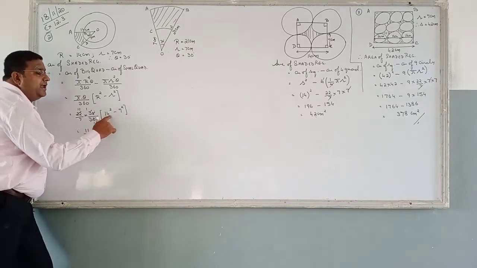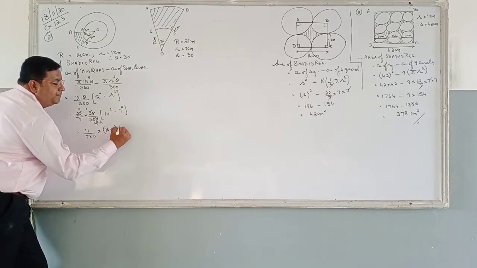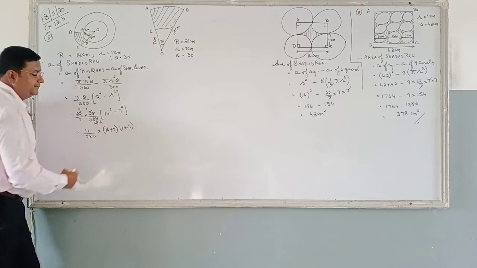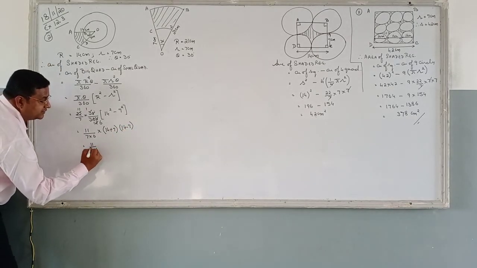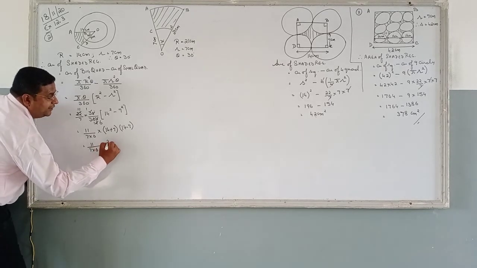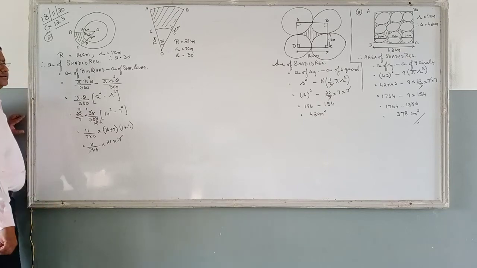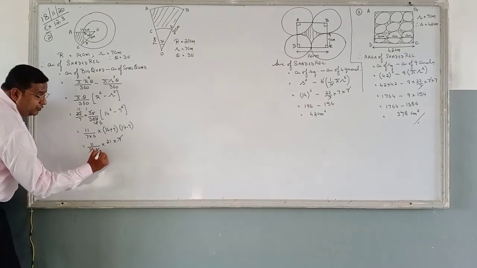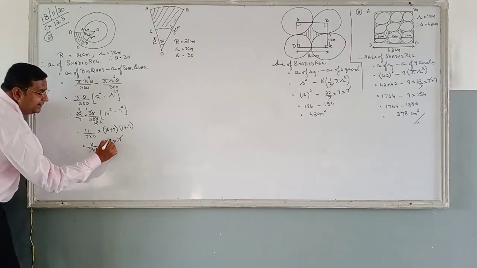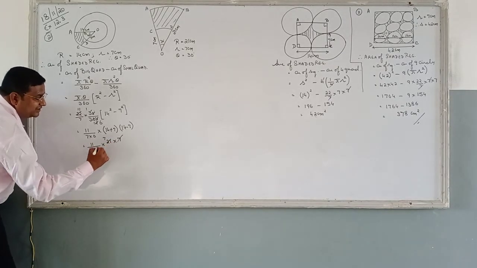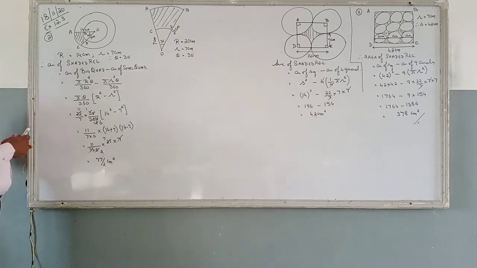Can we apply the identity a square minus b square equals a plus b into a minus b? What do I get? 11 by 7 into 6 into 14 plus 7, 21, into 14 minus 7, 7. 7 and 7 cancel. 2 3s are 6. 3 2s are 6 and 3 7s are 21. 11 7s are 77 upon 2 centimeter square.